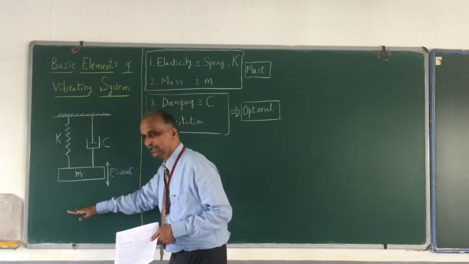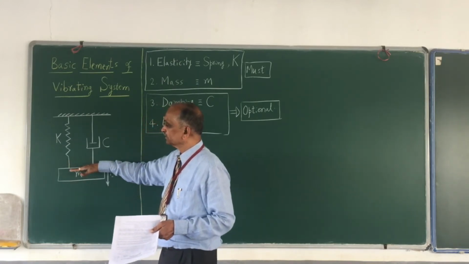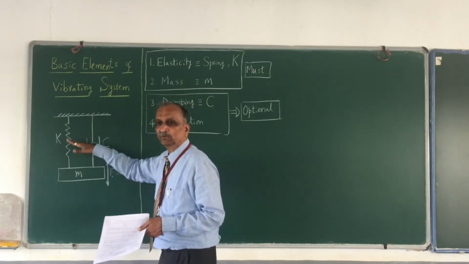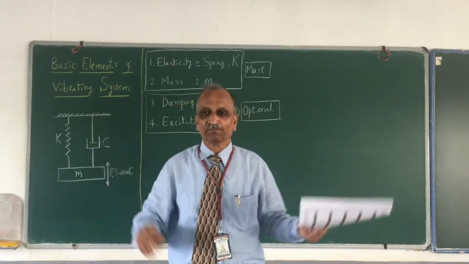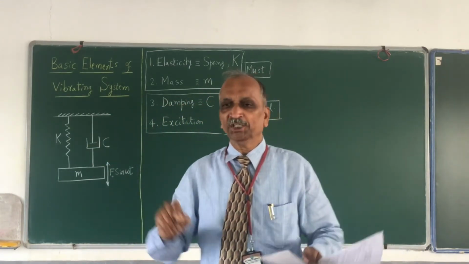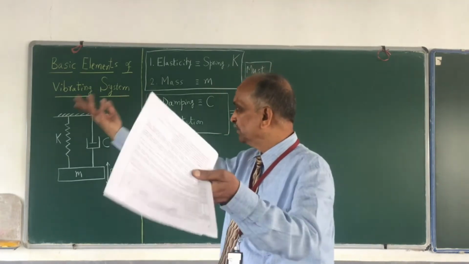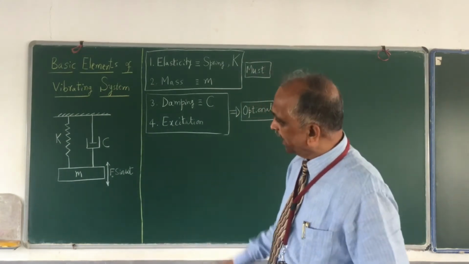It goes to one extreme position, then comes back, crosses, and goes to the other side. So where is the mass at any time? After 0.1 second, what is the position of the mass? Or after 5 hours, where is the mass? I want to know.